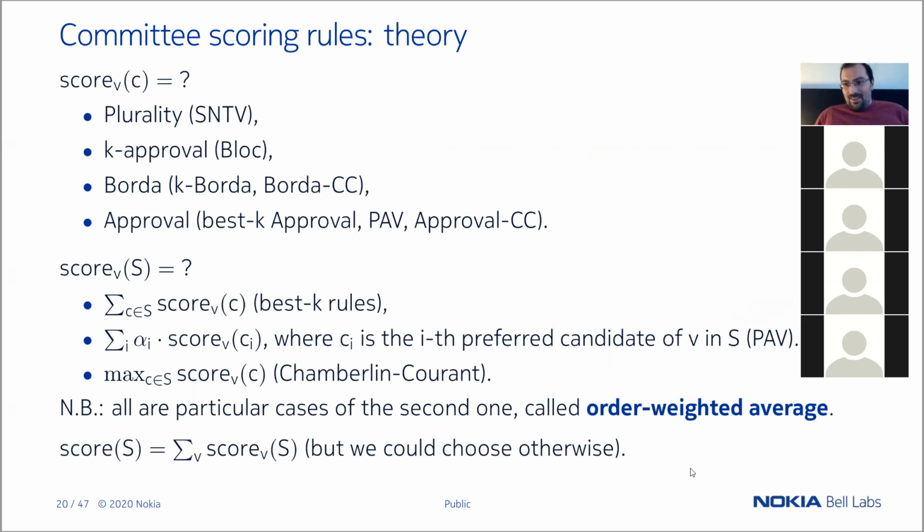Yeah. So that's a very interesting question. In fact, in economics in general, you have basically two extreme points of view: utilitarianism and egalitarianism. When you're utilitarian, you will do the sum of the scores given by all the voters. Essentially, it means that you consider that the happiness of the group is the sum of the happiness of its individuals.